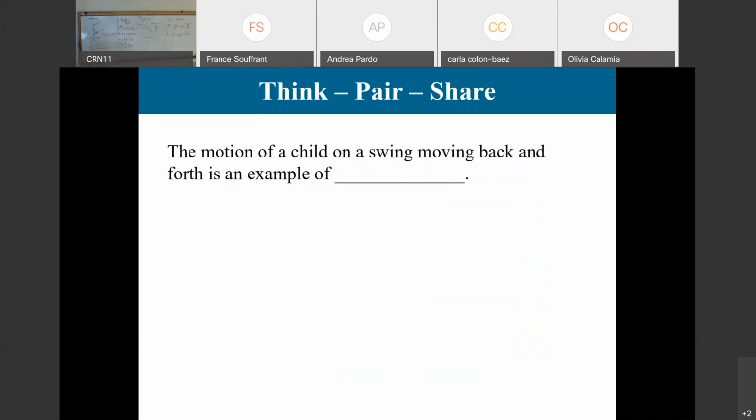All right. Based on the topics we have talked about today, who can give me an answer for this question? The motion of a child in a swing, going back and forth. What type of motion is that? Free fall, projectile, centripetal, harmonic motion. What do you think?